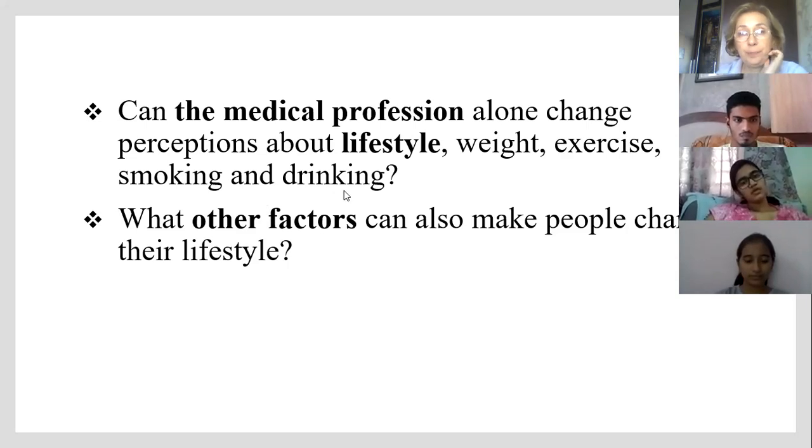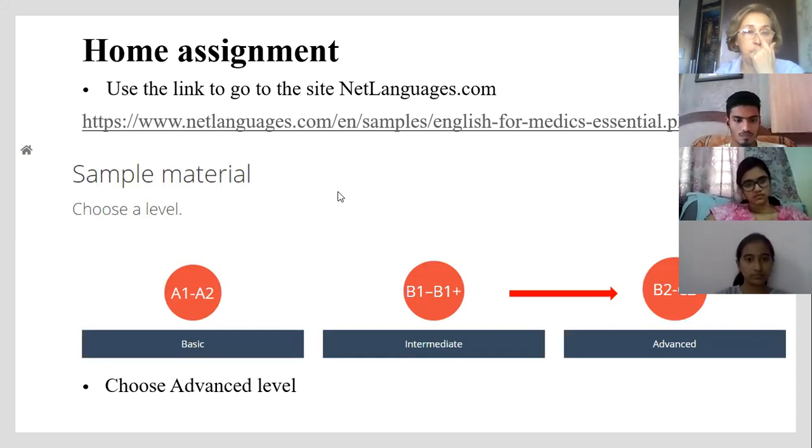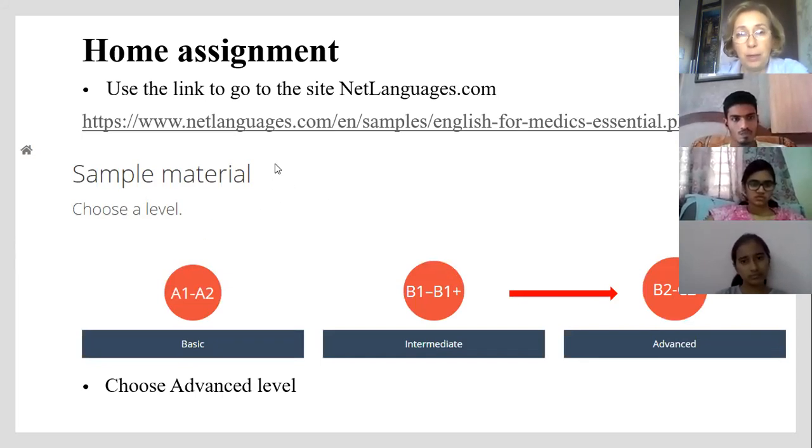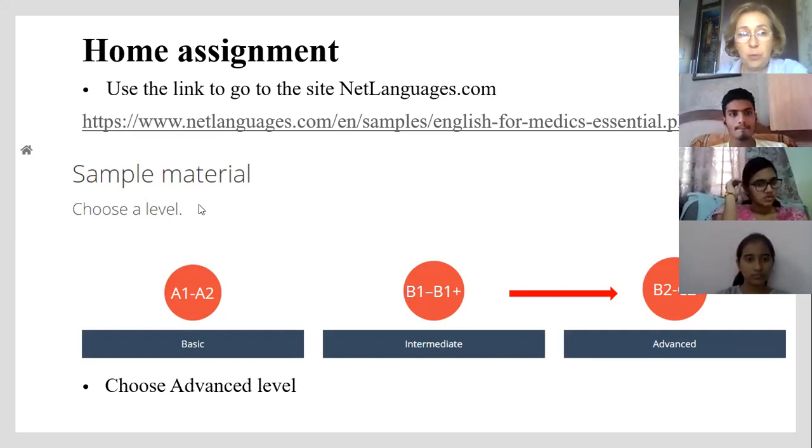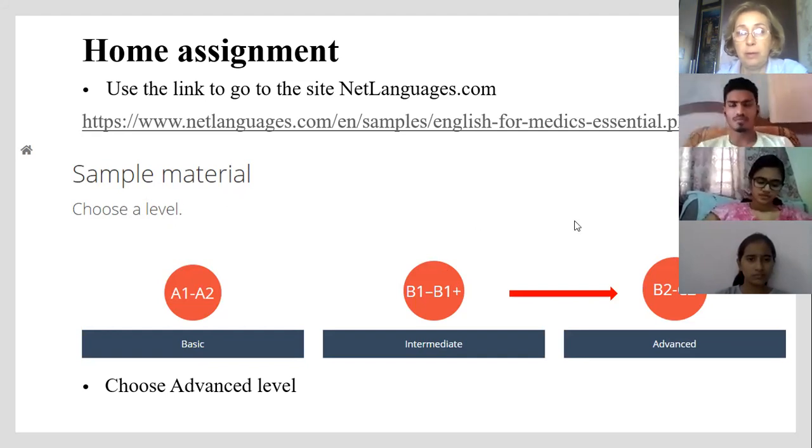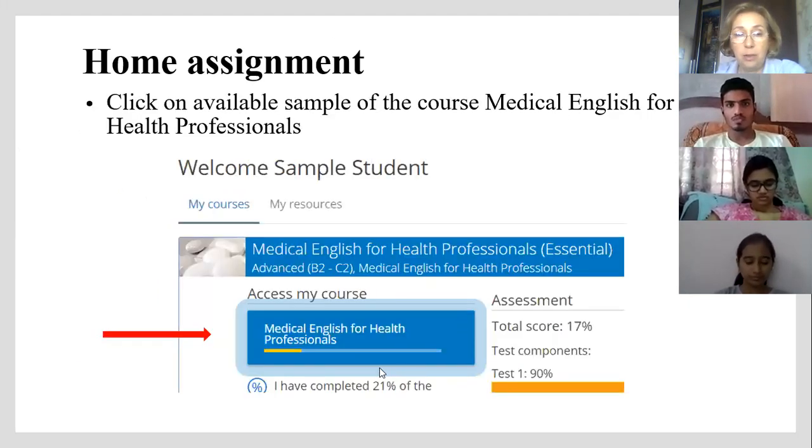Well, we have only 2 minutes left. That is why we need to focus on the home assignment. So we've done 3 units, and for the home assignment we follow the same link, and we choose the advanced level, and we choose medical English for health professionals.